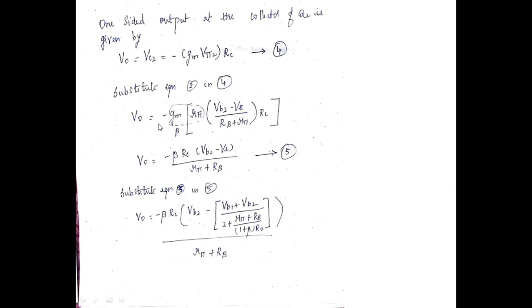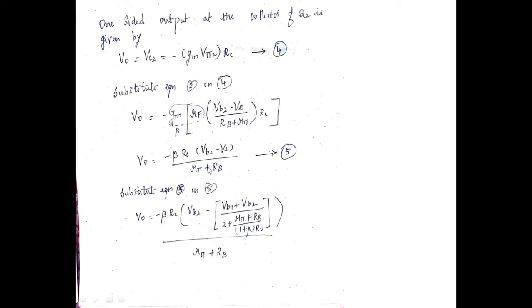So V0 is equal to Gm Rπ (VB2 minus VE) divided by (RB plus Rπ) into RC. We know that I'm going to replace my Gm into Rπ with the beta value. So the equation we got is minus beta RC into (VB2 minus VE) divided by (Rπ plus RB). This will give equation number 5. Now I'm going to substitute equation 3 in 5.